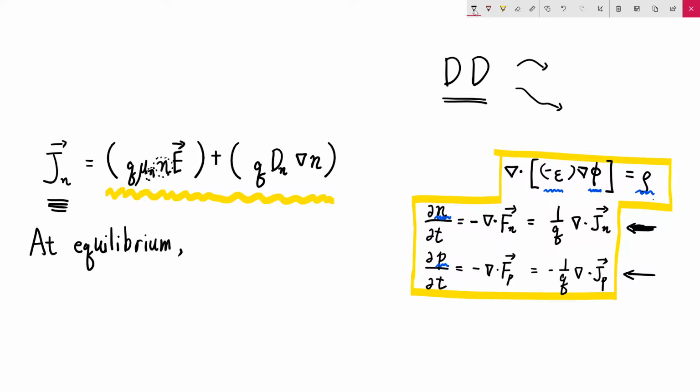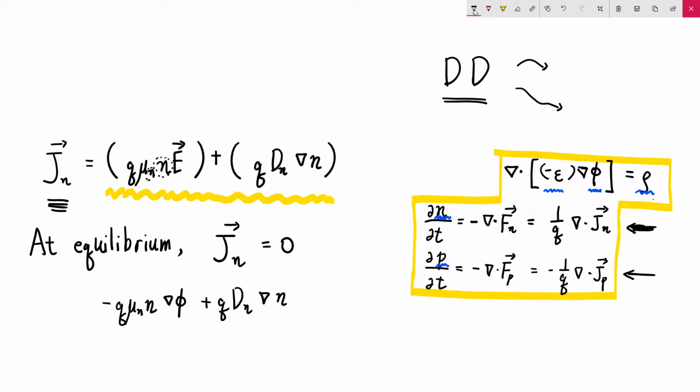since this is equilibrium, there will be no current conduction. Simply speaking, in the equilibrium case, we have to have 0 for J sub n. And in this case, we say minus q mu n n gradient of phi plus q dn gradient of n.